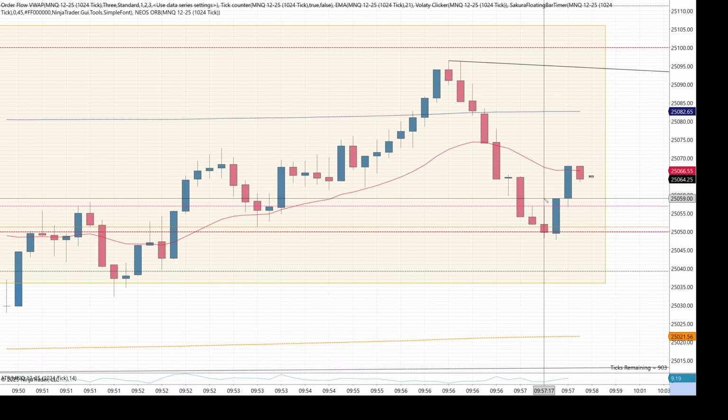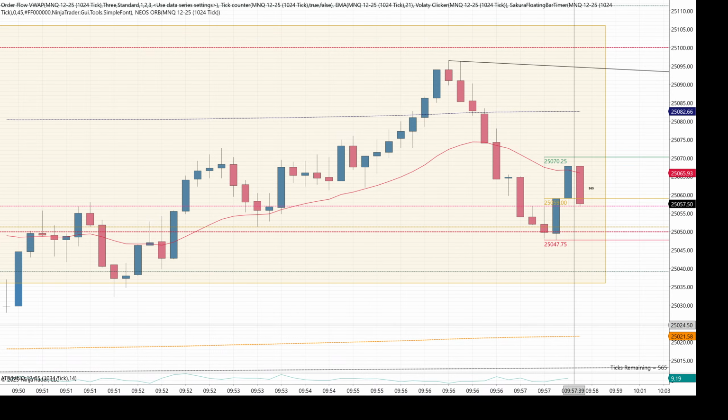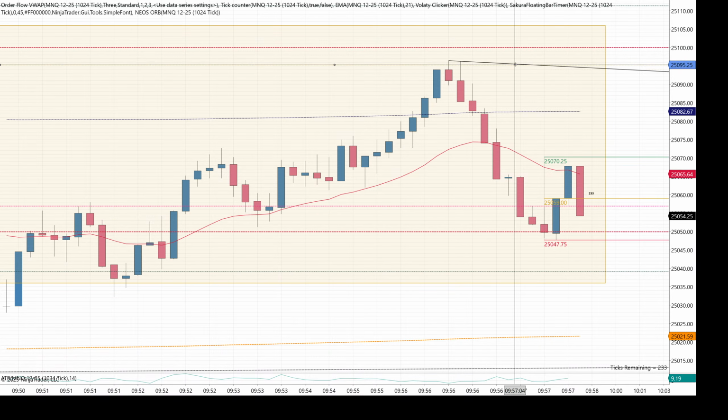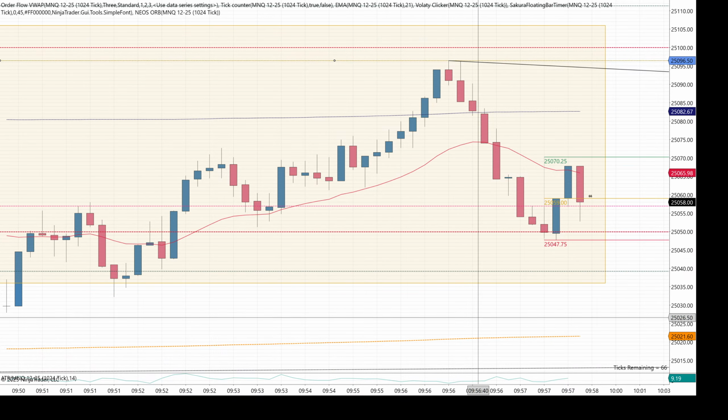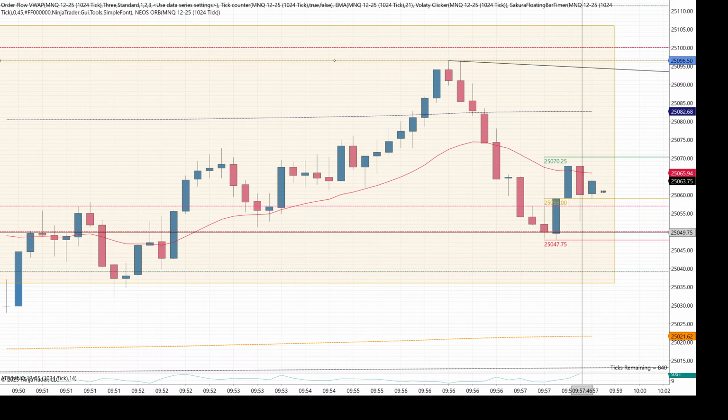This would have been a false positive bullish here because of that EMA. Golden ruler does move up. We have about a little over 2 minutes before the news, so we're just going to sit on our hands.